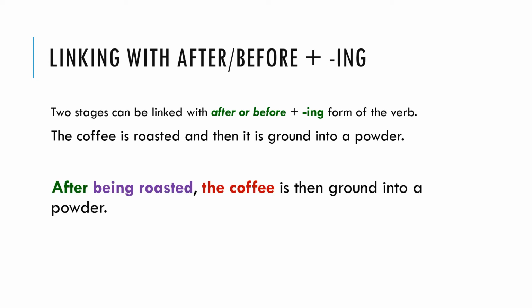So we're going to use after being roasted, the coffee is then ground into a powder. There's a couple of things to note in here. 1, it is now a complex sentence. 2, we're using being roasted, which is the participle form. So we're using after being roasted, the coffee is then ground into a powder. Showing a lot of variety here.